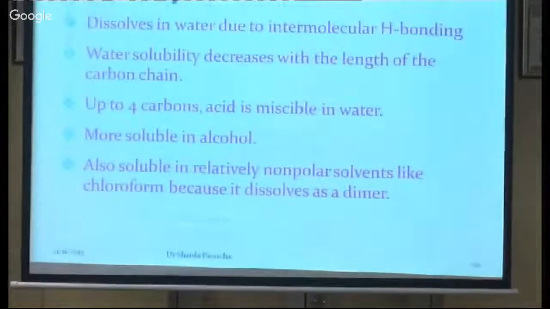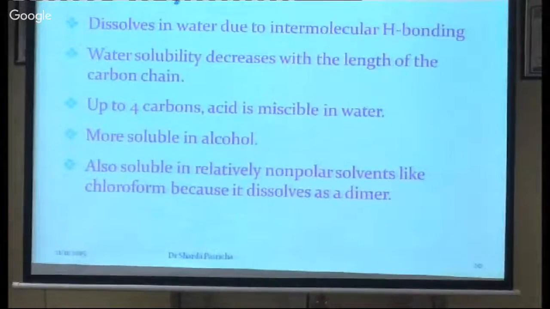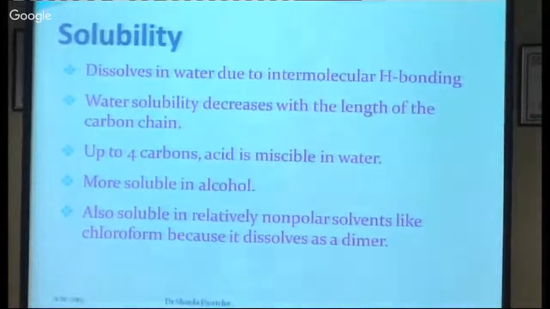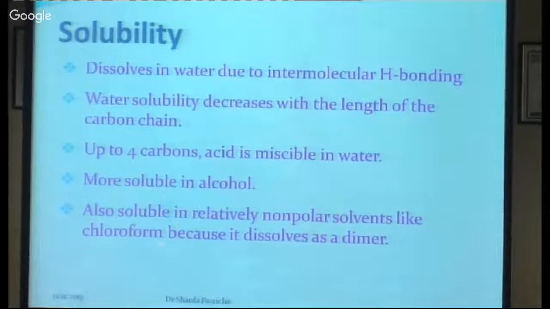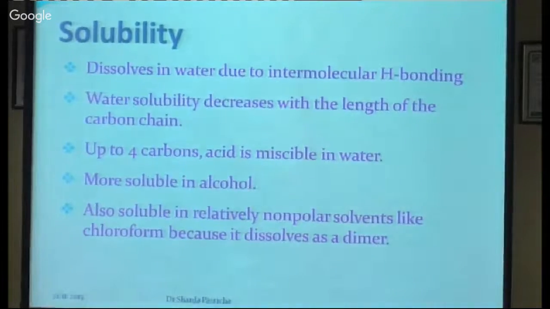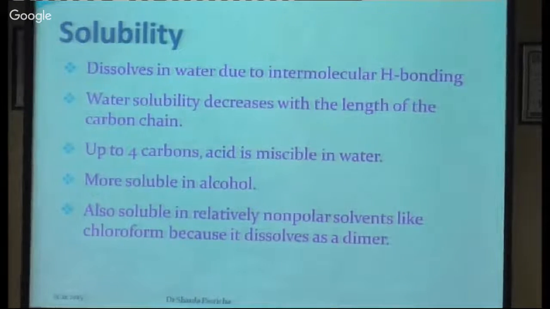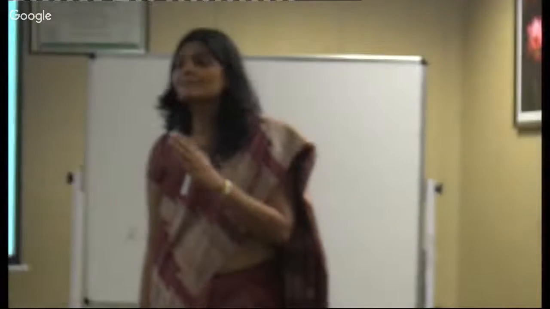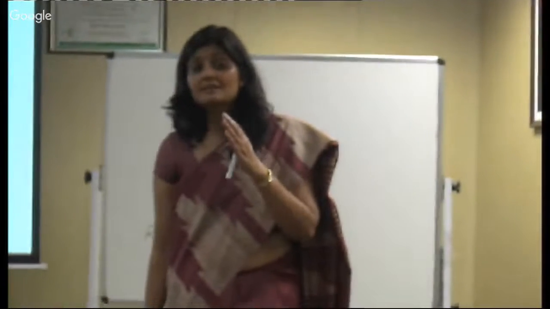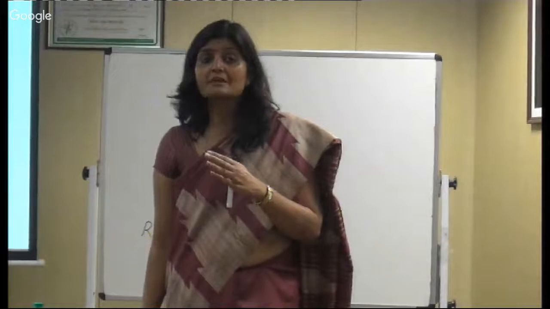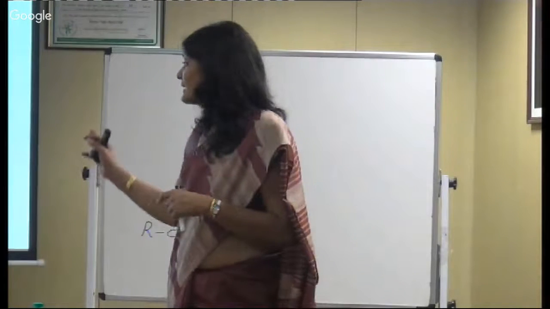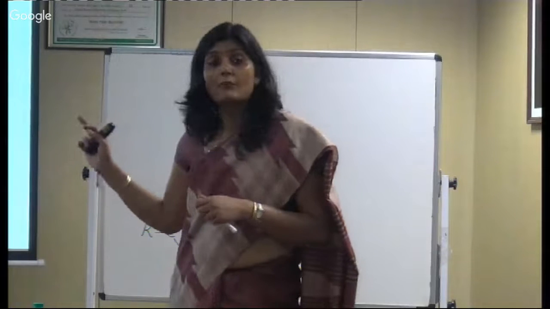But you also find that carboxylic acids are soluble in organic solvents like chloroform. They are soluble in alcohol, again because of the formation of dimeric structures. This is a unique property which is characteristic of carboxylic acids, that in aprotic solvents and in solution state, they can exist in the form of dimers.